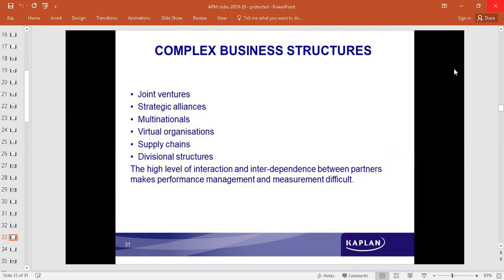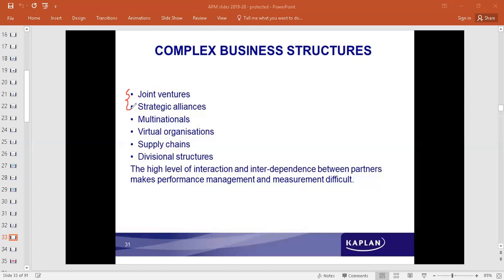Apart from that, there are certain other types of complex business structures. We see joint ventures and strategic alliances. Then we have multinationals, virtual organizations, supply chains, and digital structures.